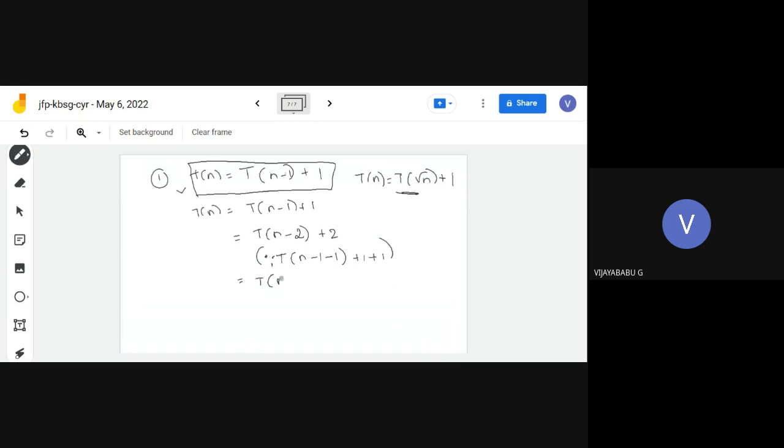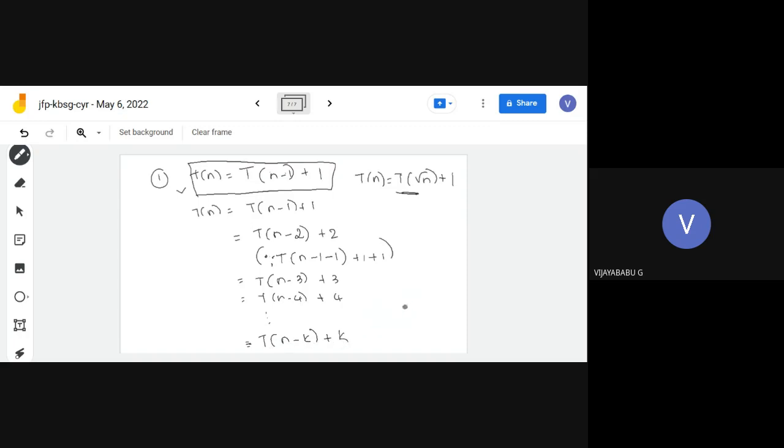Next one is T(n-3) + 3. Next one is T(n-4) + 4, and so on, T(n-k) + k. Likewise, it is repetitively substituted in order to find the time complexity from this recurrence relation. So finally it became T(n-k) + k.